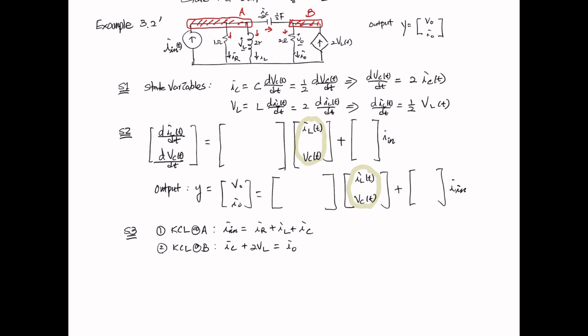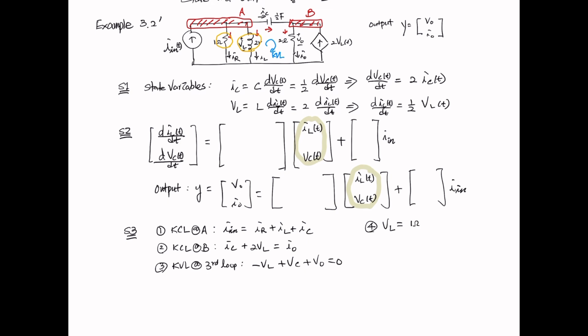Since we have the inductor and the capacitor in the third loop, we're going to do KVL in the third loop. Then we have negative V_L plus V_C plus V_o equals 0. Now, for the second loop, the 1 ohm resistor is parallel to V_L. So the voltage across the inductor is the same as the voltage across the first resistor.